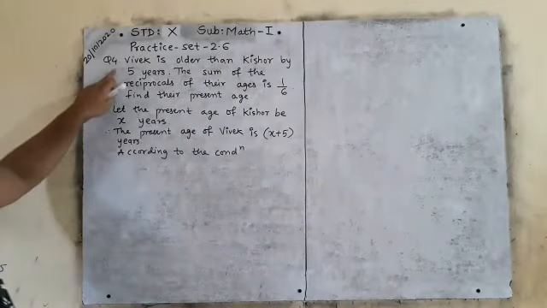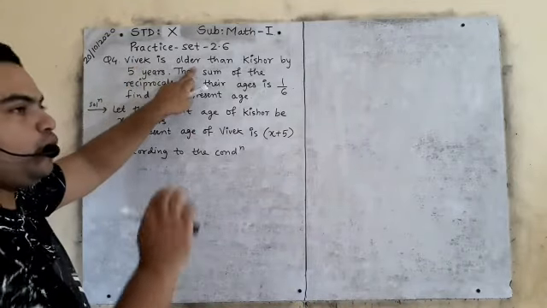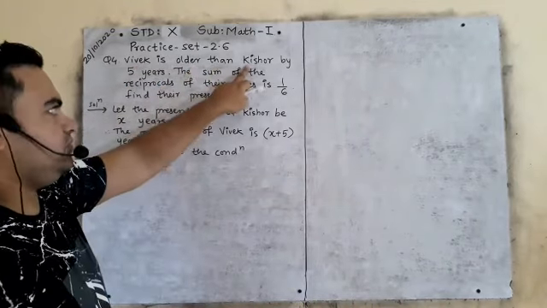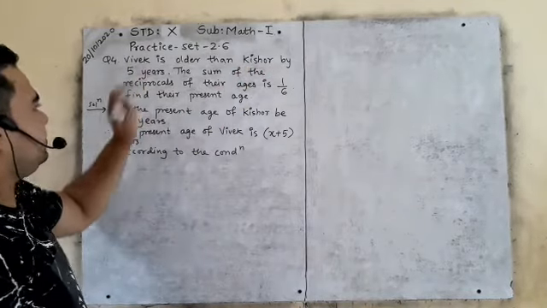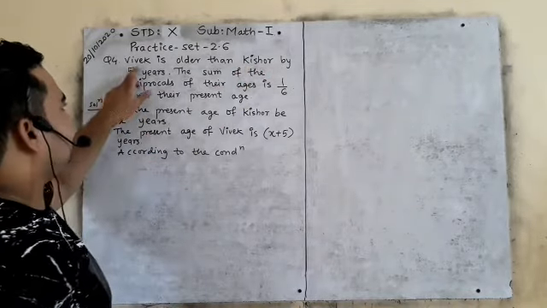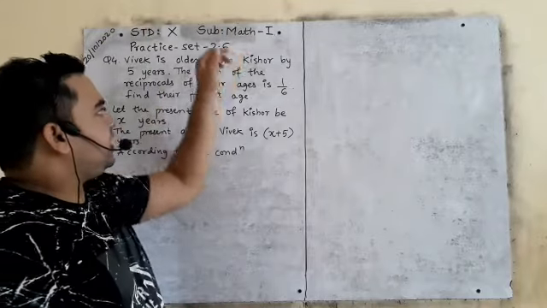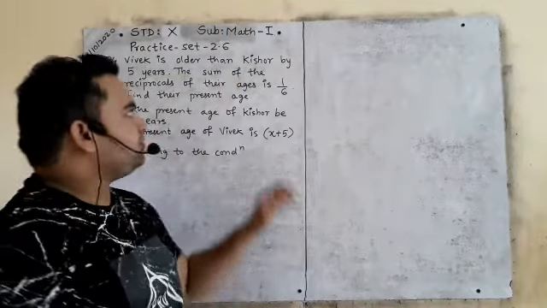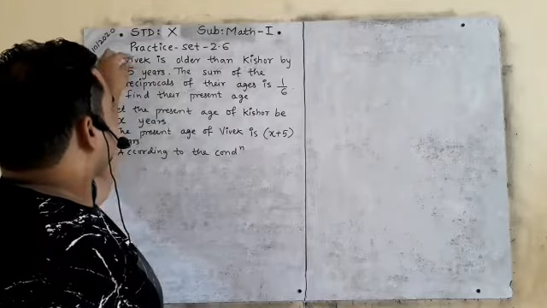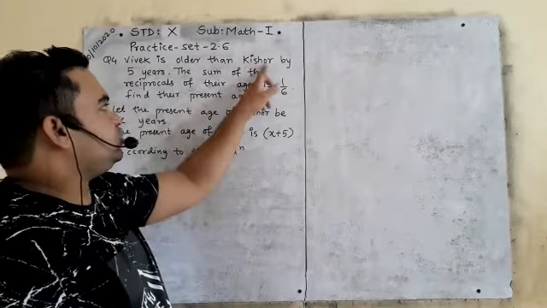See question number 4. Vivek is older than Kishore by 5 years. It means Vivek is older than Kishore; Kishore is smaller by 5 years. Vivek is 5 years older than Kishore.